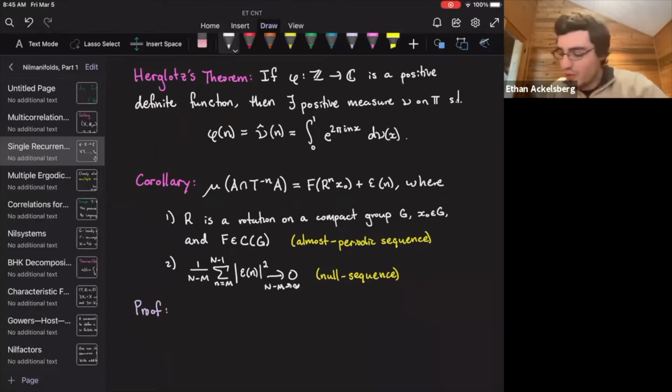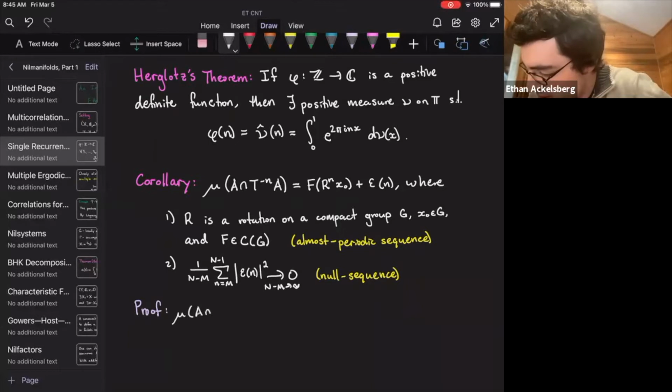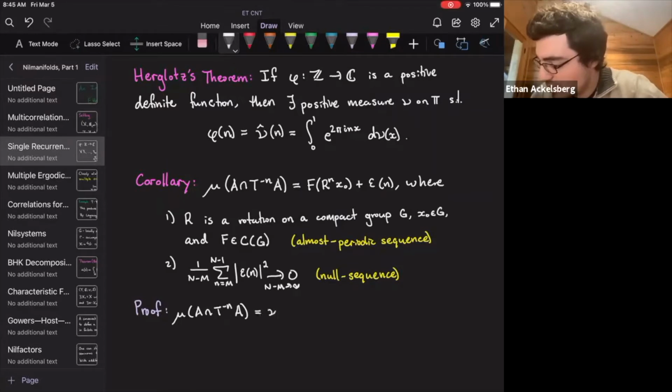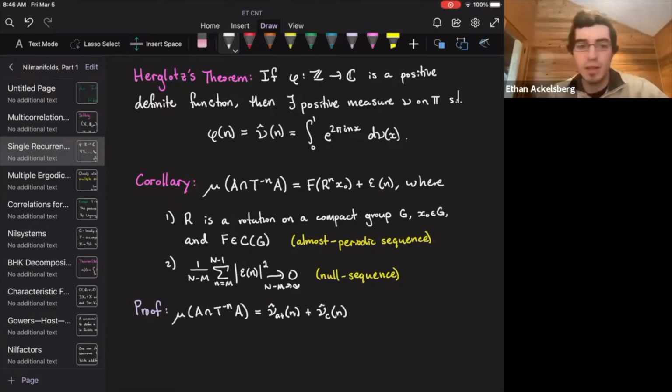So the proof of this is we know we can write this as the Fourier transform of some measure, and then we just decompose the measure into the atomic part and the continuous part. And that's basically the end of the proof.